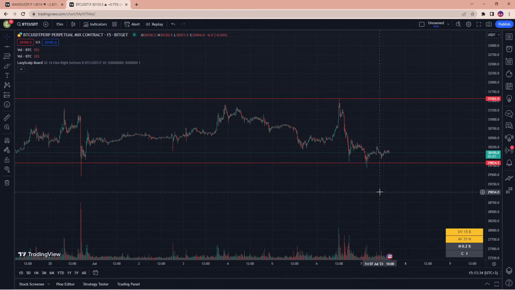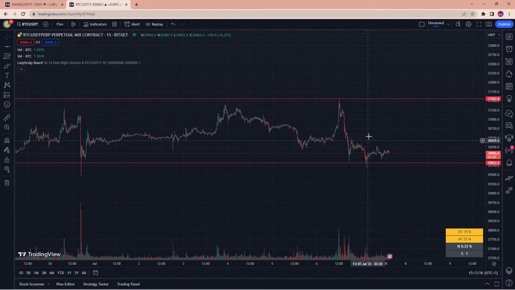But if the daily volume is less than $200 million, probably the breakout will be false or very, very small, very silly and very greedy. The higher this volume, the higher the probability of the breakout.